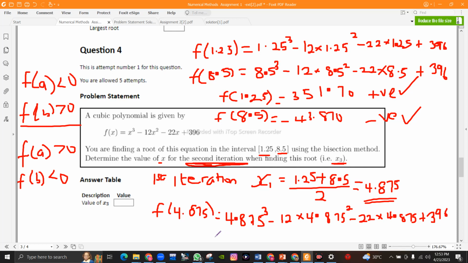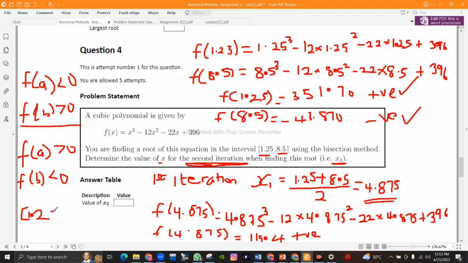Press all of this in the calculator. It's going to give you 119.4, which is positive.